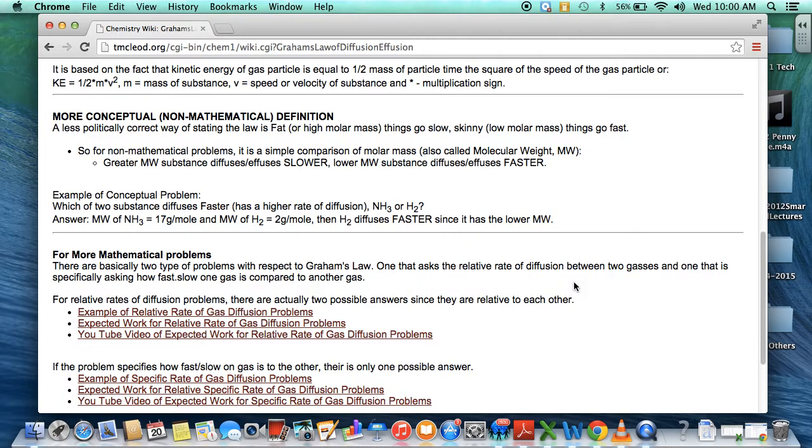One where they just ask you for the relative rates of diffusion, in essence. So with that one, since it's the word relative, it doesn't make a difference if the rate of gas A is on the top and the rate of gas B is on the bottom in your ratio.